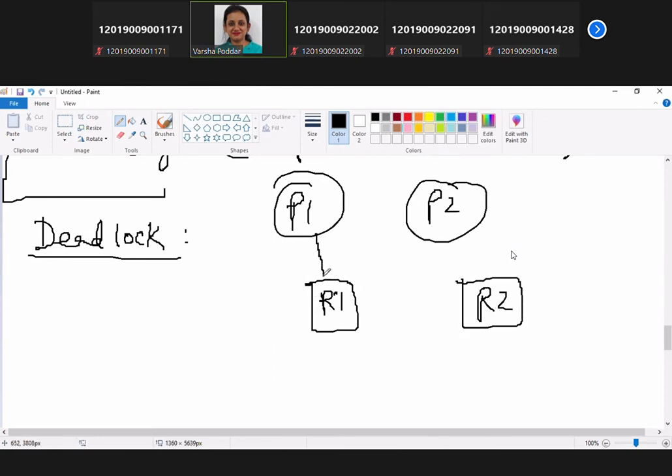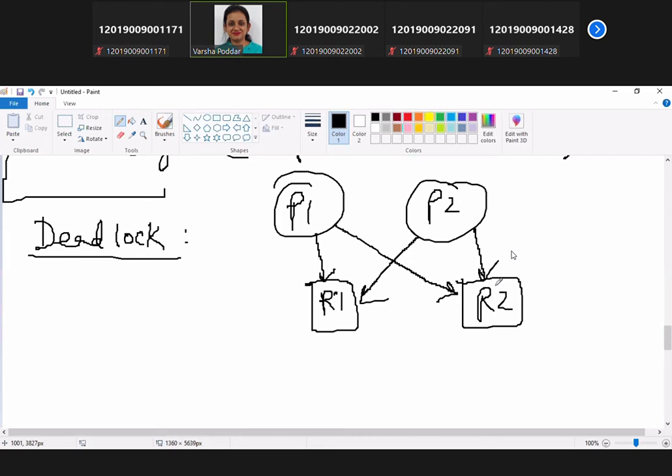P1 is already holding R1, and P2 is already holding R2. Now P1 cannot proceed without R2, so it has requested R2 and is waiting for it. Until one leaves both resources, the other cannot work. This is your deadlock situation, right?